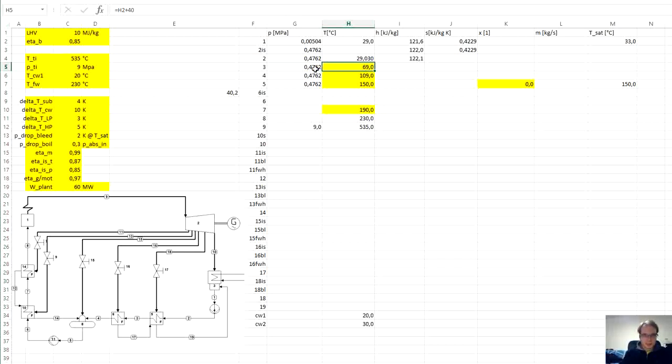Now we can go further, where points number 3 and also points number 4 are points in subcooled liquid. So for the enthalpy, we will use the function of pressure and temperature.